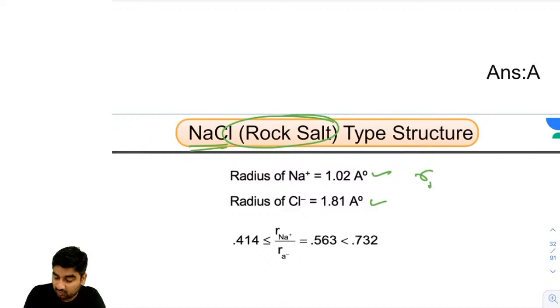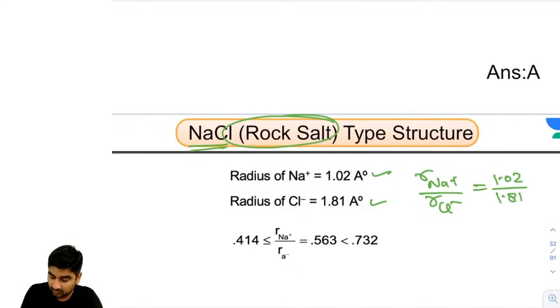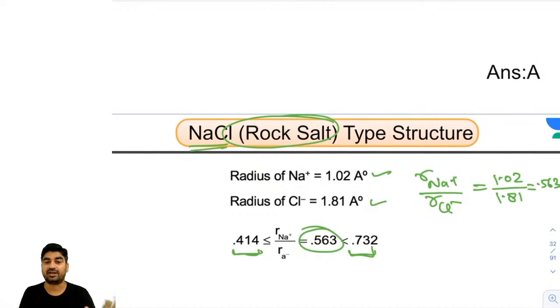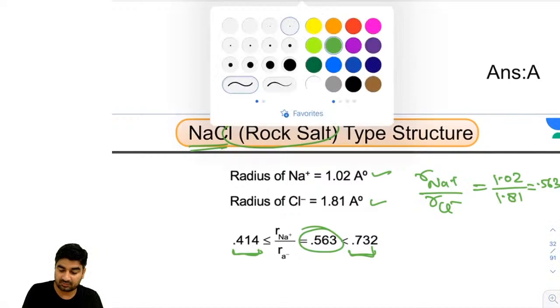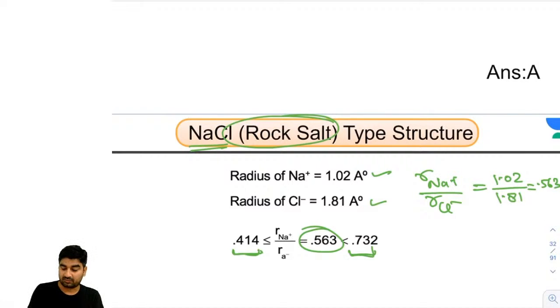So if you calculate this ratio, you will be getting 0.563. This is in between 0.414 and 0.732. Right guys? And if it is in between these two, I will call it an octahedral void.